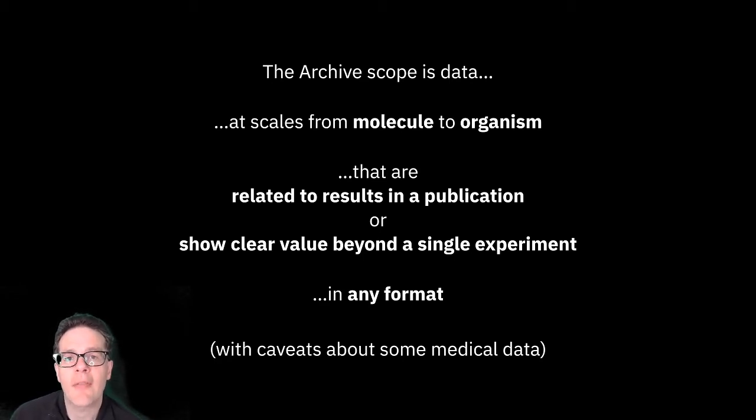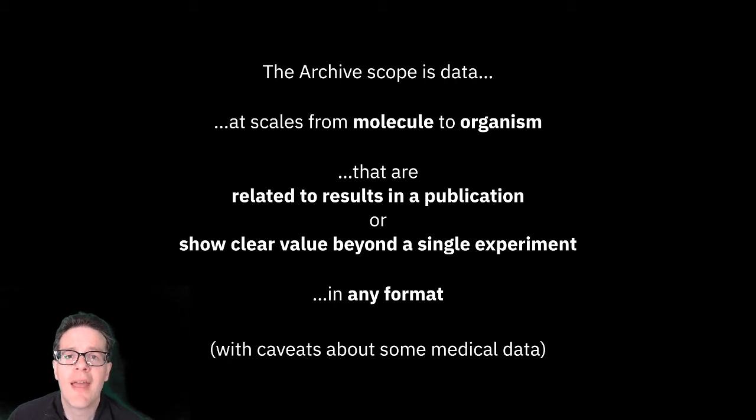And the reasoning behind that constraint is that we're not intending to replace local data management options for managing your data before you've published. We also, at the moment, can't take data that's associated with individuals, medical data associated with individuals. That may change in the future, but is a constraint at the moment.